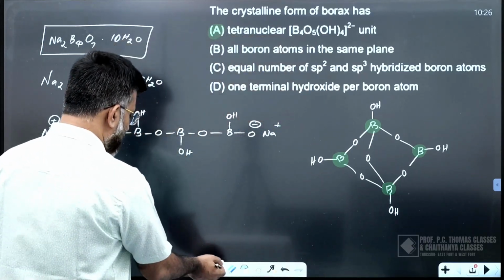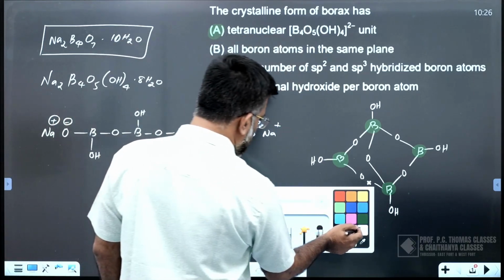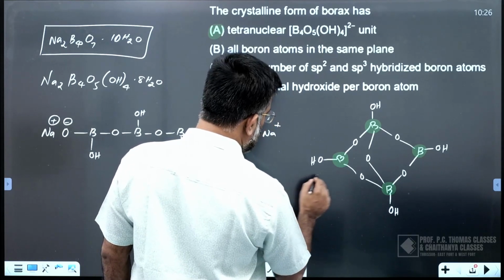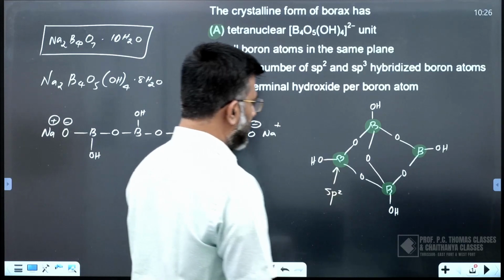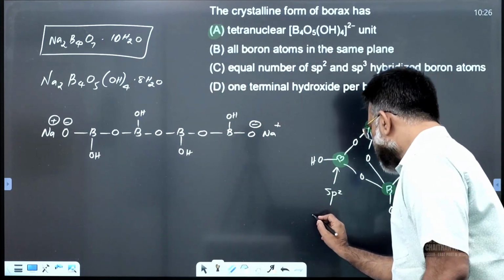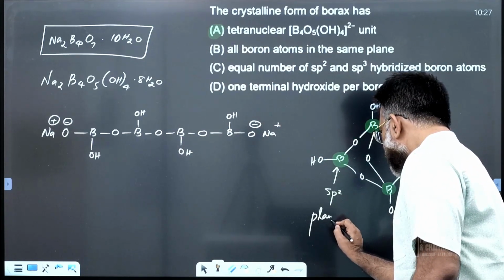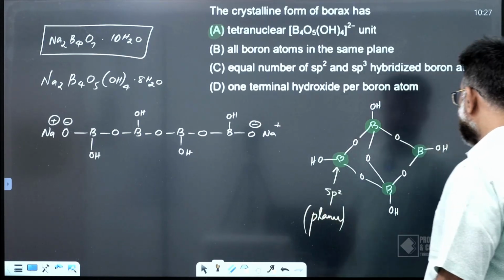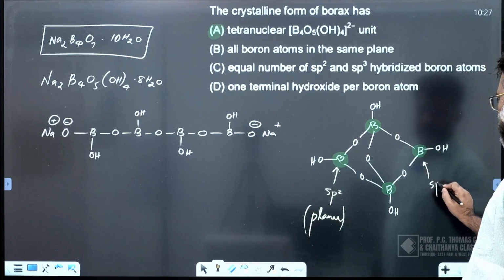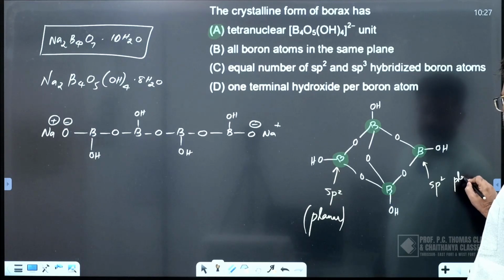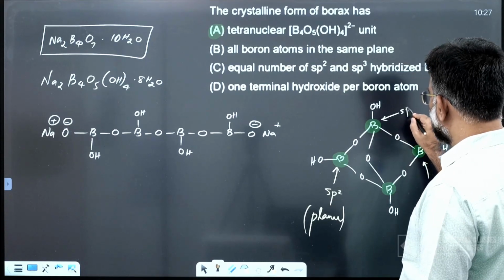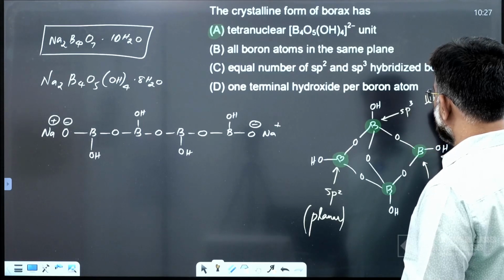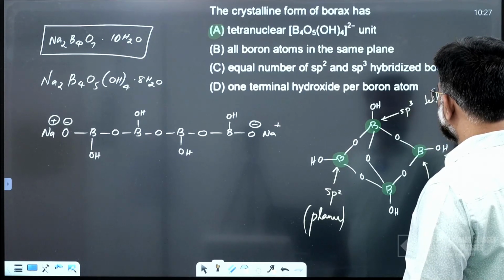You see the type of hybridization that is coming. What is the type of hybridization? This boron is sp2 hybridized and planar. This is also sp2 hybridized and planar. While this is sp3 hybridized and tetrahedral.